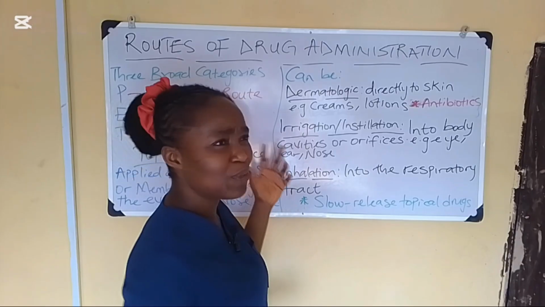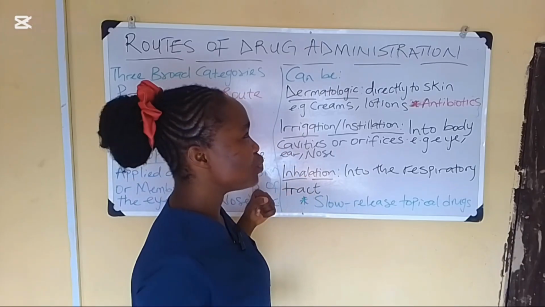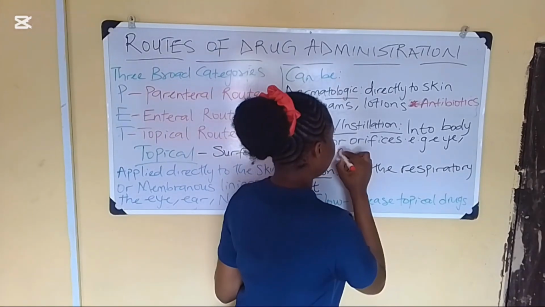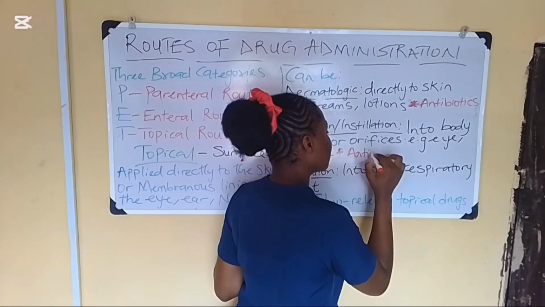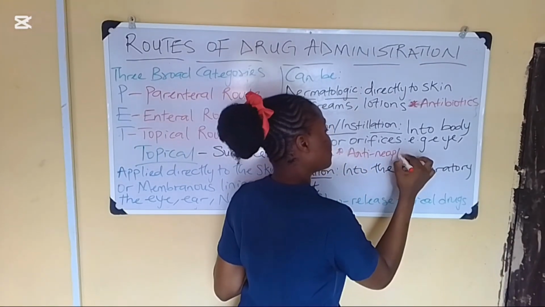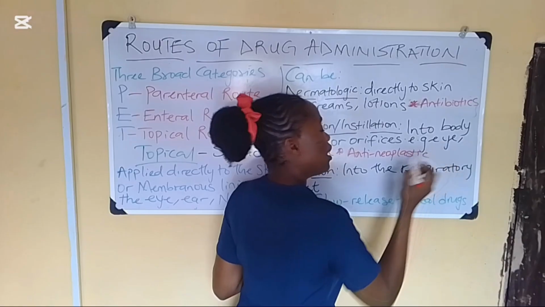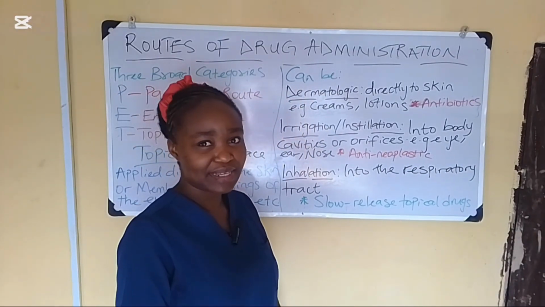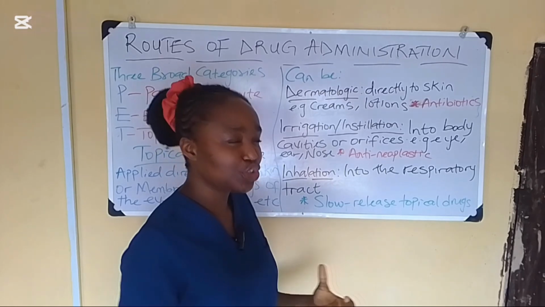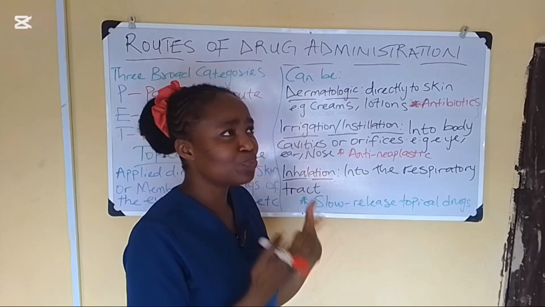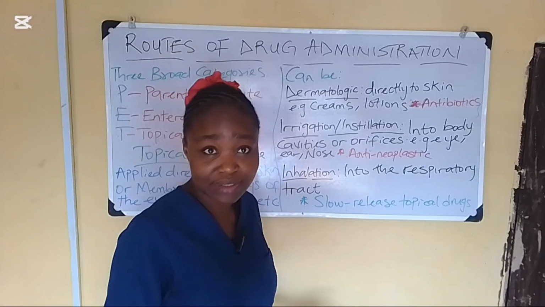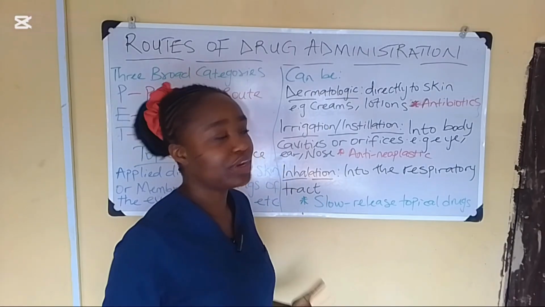An antineoplastic drug can be given in this way. Antineoplastic drugs can be given during urinary catheterization to flush the urinary wall to prevent or to treat infections or cancerous tumors of the urinary wall.